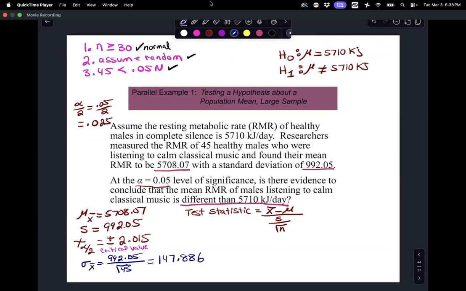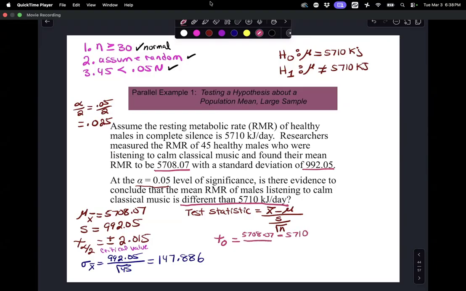So now I can calculate my test statistic with that number. So t sub 0 equals 5708.07 minus 5710.